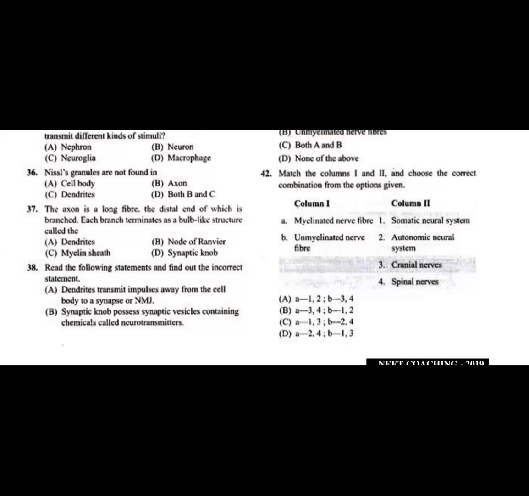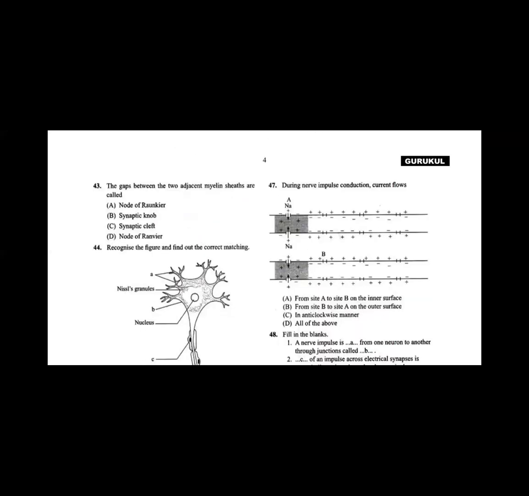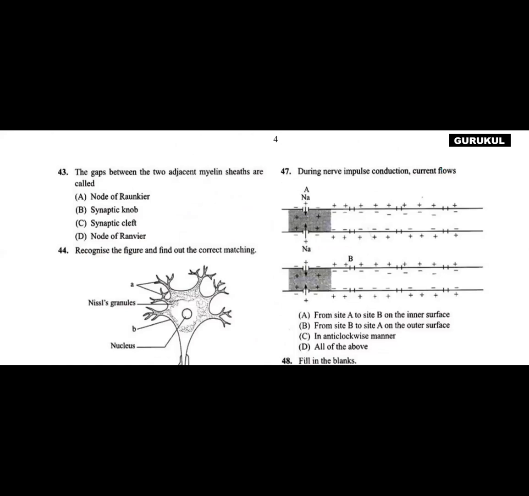Now question number 43. Gaps between two adjacent myelin sheaths are called? The gaps between the adjacent myelin sheath cells, that is, in between the Schwann cells of a myelinated nerve, are called nodes of Ranvier. Nodes of Ranvier are the gaps present between the Schwann cells of a myelinated nerve.